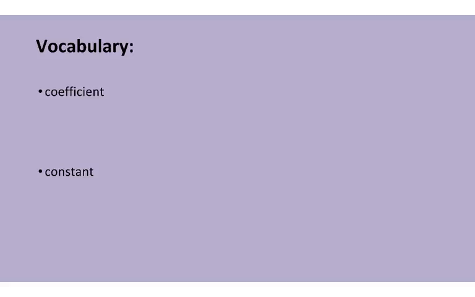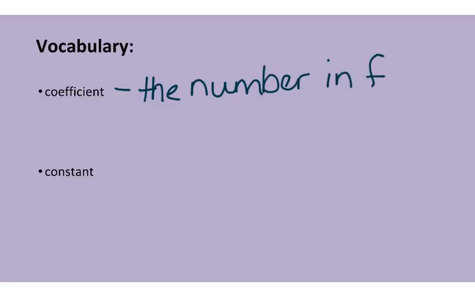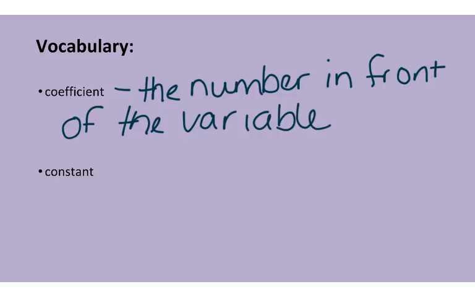Okay, so I have two vocabulary words, and I know that you know them, but we're going to do a quick review. The coefficient is the number in front of the variable. For instance, 3x, the coefficient is 3. The coefficient is always multiplied by the variable.